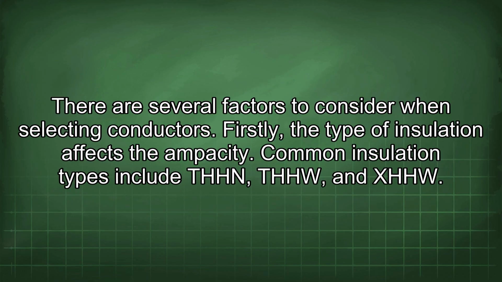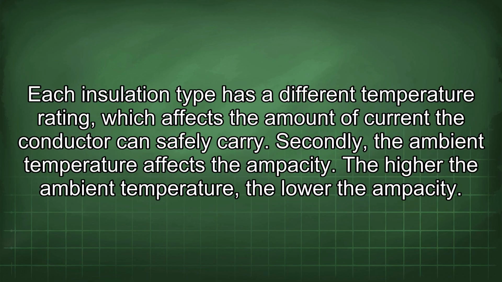There are several factors to consider when selecting conductors. Firstly, the type of insulation affects the ampacity. Common insulation types include THHN, THHW, and XHHW. Each insulation type has a different temperature rating, which affects the amount of current the conductor can safely carry. Secondly, the ambient temperature affects the ampacity.